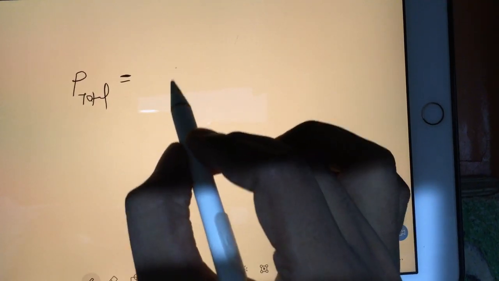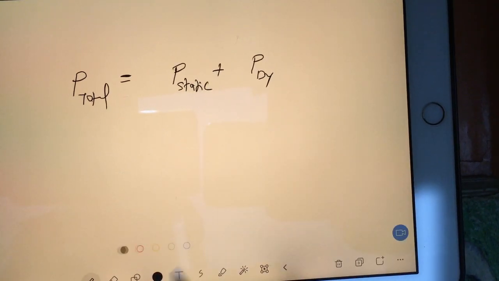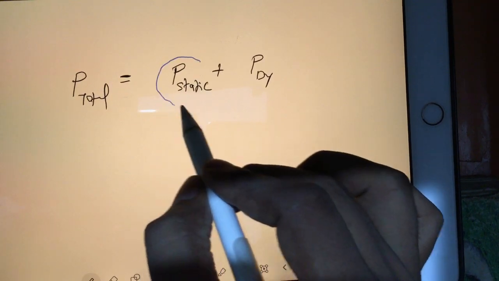I will change the page. Now see, there is something called Bernoulli equation. According to Bernoulli equation, your total pressure P total is equal to your static pressure plus your dynamic pressure. Static plus dynamic. Now how to find static pressure?